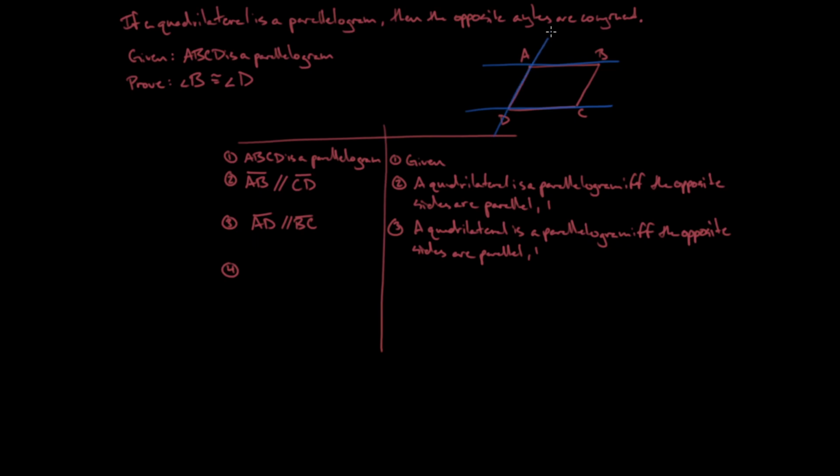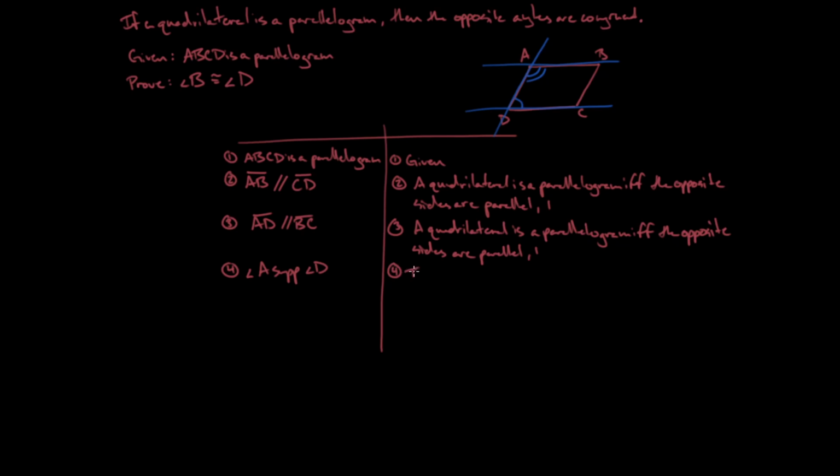Say I'm trying to prove B and D. Angle D and angle A are called consecutive interior angles. And what do I know about consecutive interior angles on parallel lines? I know that they are supplementary to each other. I'll refer to these as angle A and angle D. Angle A is supplementary to angle D.